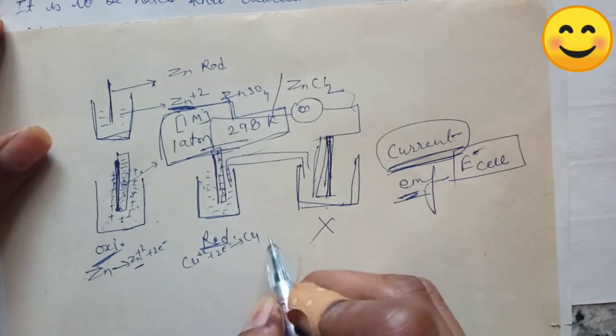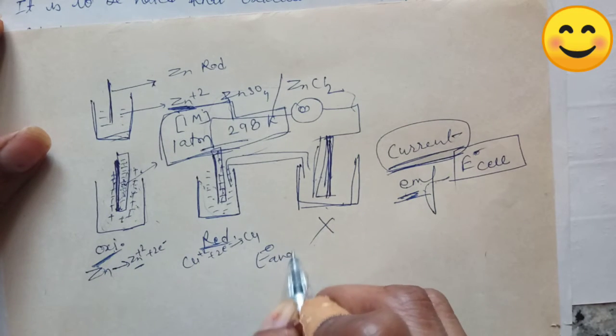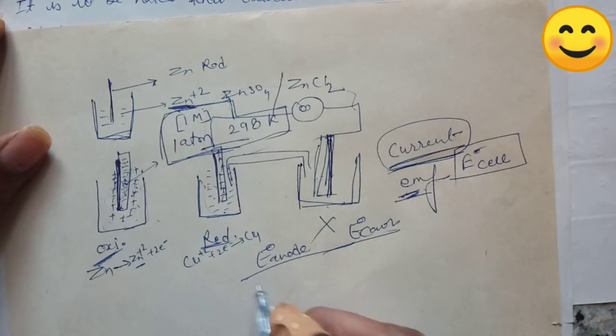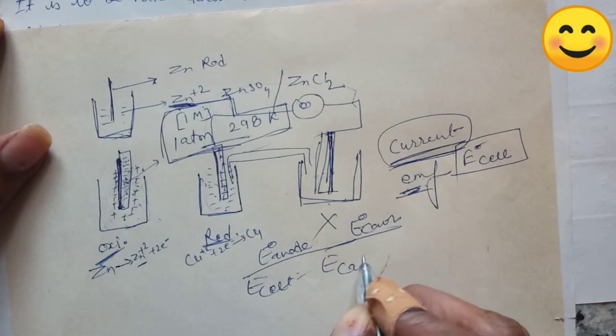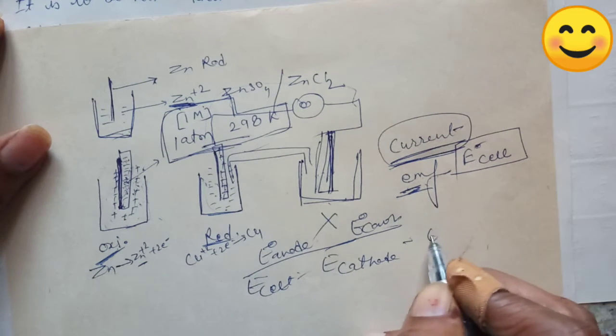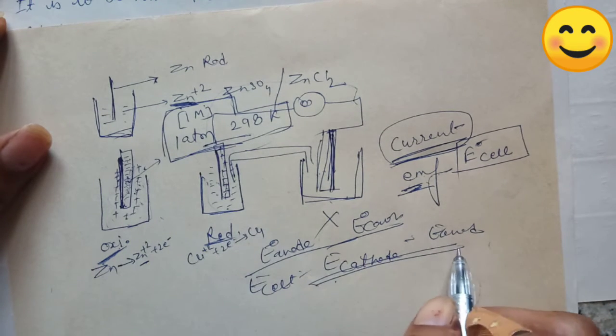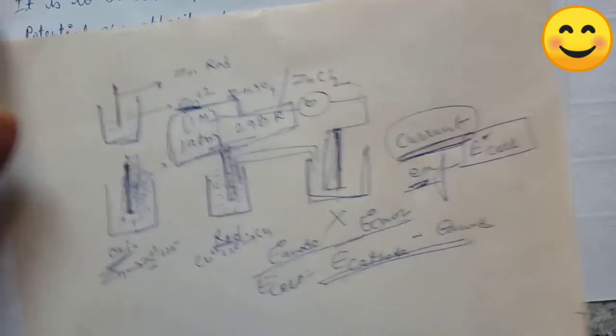E anode and E cathode. The difference of these, E cell, is always equal to E cathode minus E anode. The potential difference between cathode and anode when the circuit is open.